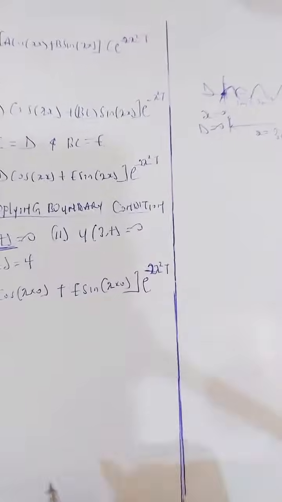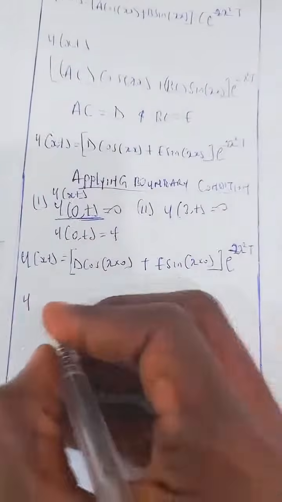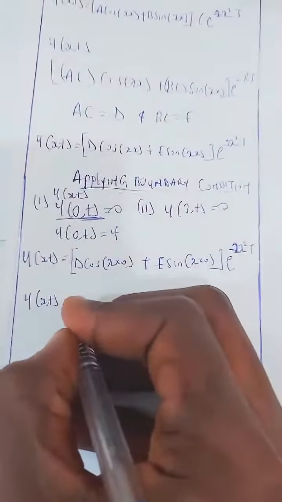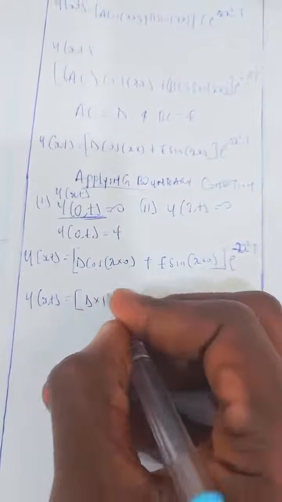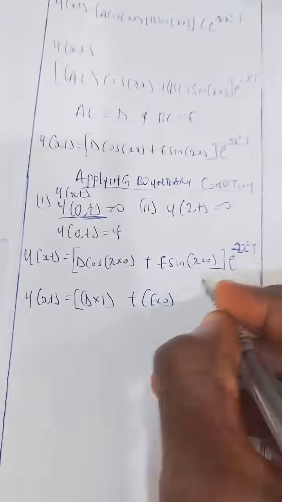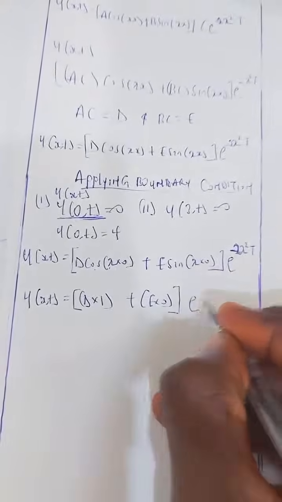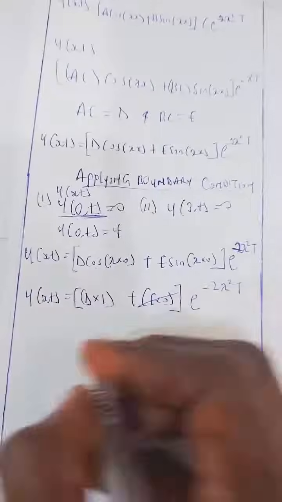Right? Now, from here, this becomes u(x, t), equating that to cos 0, which is 1. Meaning I'm having d multiplying 1 plus e multiplying 0, since sin 0 is 0, multiplying exponential negative 2 lambda square multiplying t. Then this cancels out.